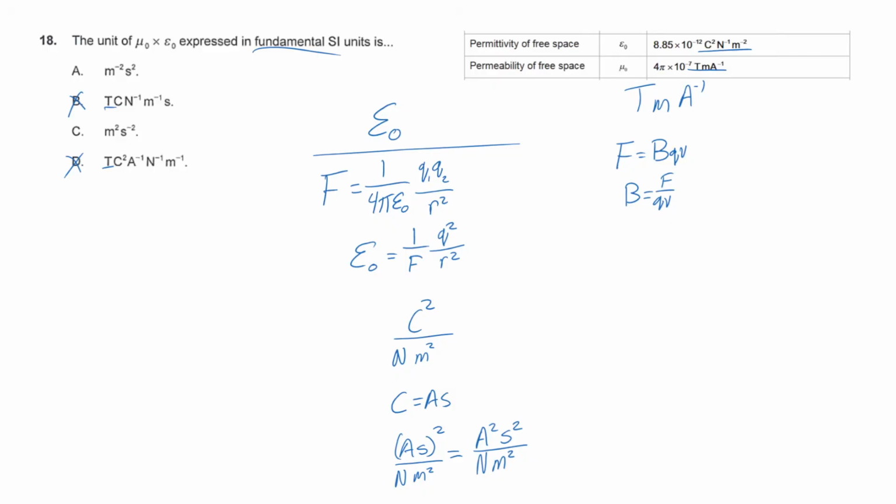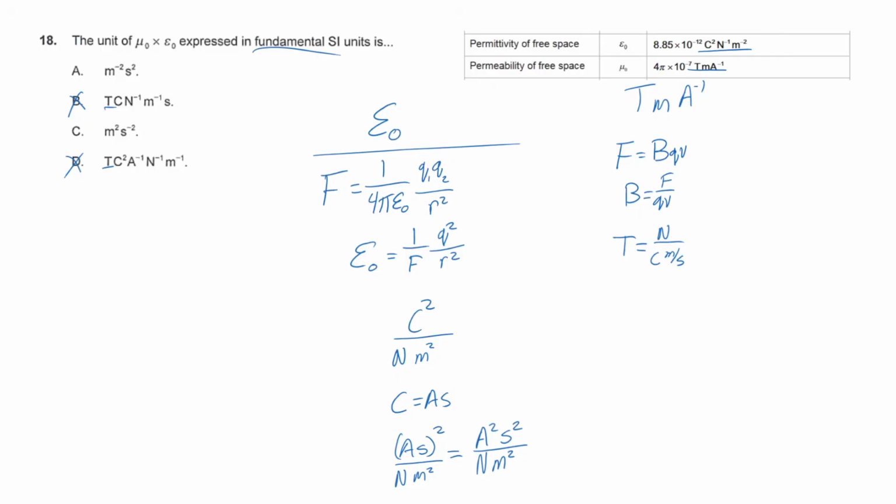And again, I did that because I can write an equation of units. A Tesla is equal to the unit for force, which is a Newton, divided by the unit for a charge, which is a Coulomb. Then, of course, velocity is meters per second.